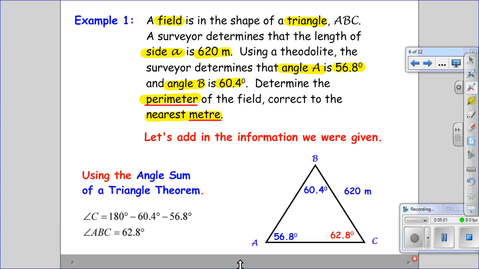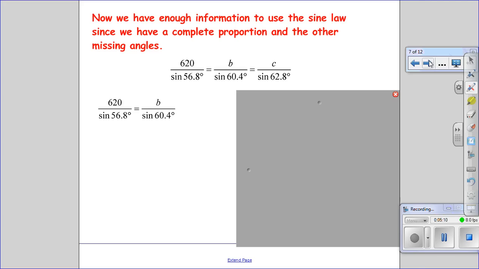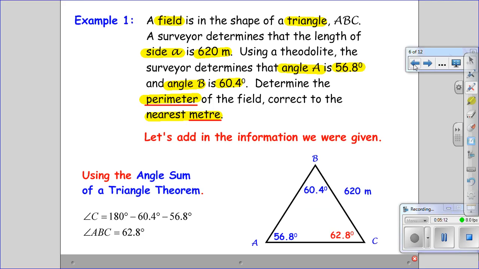Now, I'm looking for the perimeter, and perimeter means distance around. So the next thing I need to find is the length of the other two sides. Go to another slide. If I tried sine law, because I do have an angle and its opposite side, a complete pair, and I do have two other angles. What I like to do is often take my pen.